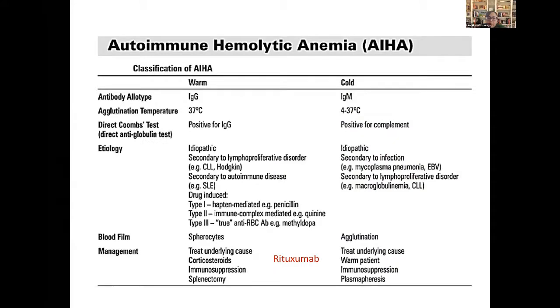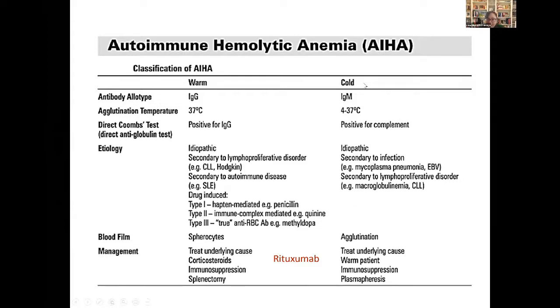The first-line steroid is prednisone, 1 milligram per kilogram per day. There are other immunosuppressants that are used. The second-line therapy is rituximab, and potentially it will eventually become a first-line therapy as well.